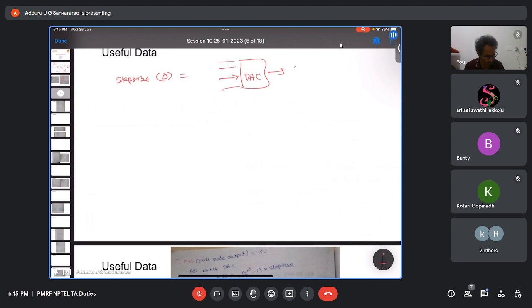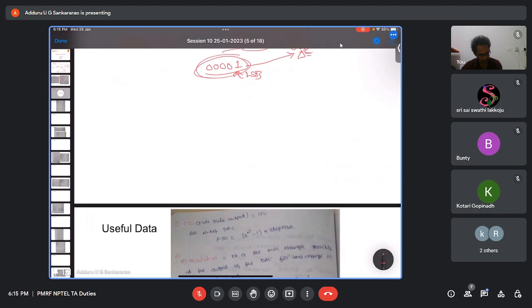What is the smallest increment possible? Generally, it happens when all the bits are 0 and the LSB is 1, which is the least change possible. When all input bits are 0 and the LSB is 1, whatever output we get is called the step size.